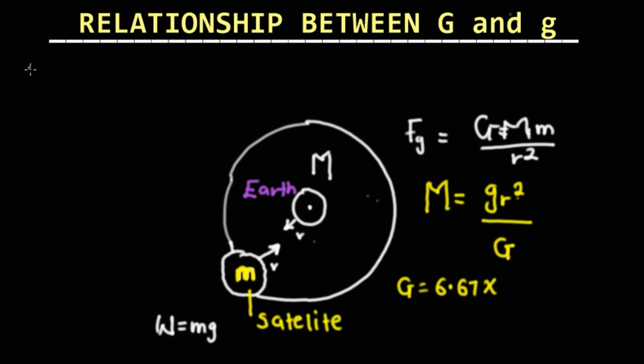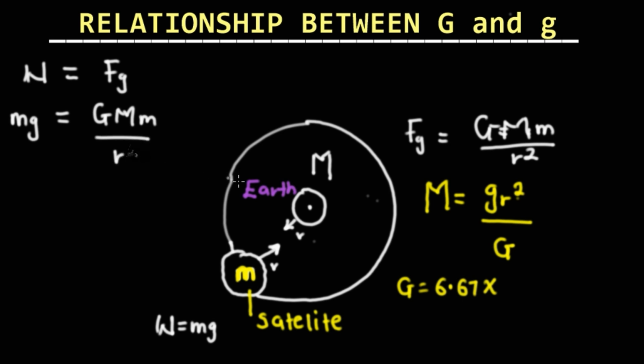So from this we can say, let the weight of the satellite be equal to the gravitational force. So the weight of the satellite, mg, is equal to G M m over r squared.